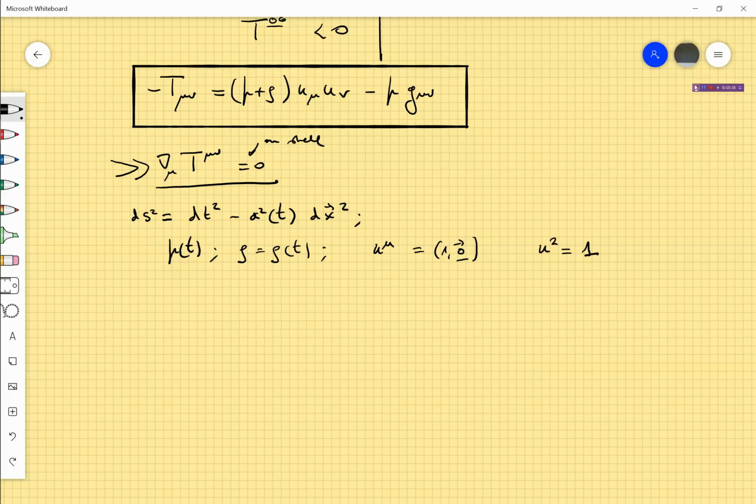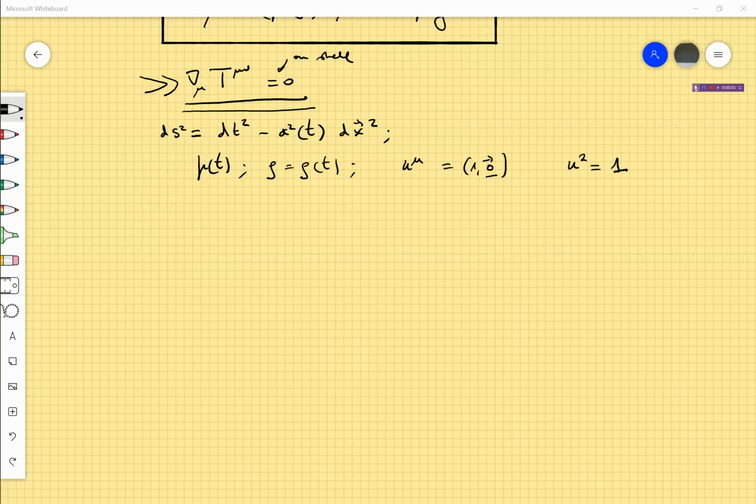Now, in order to write this equation explicitly, I have to compute the Christoffel symbols. So first, let us recall the definition of the Christoffel symbols. Remember that there are 3 derivatives.